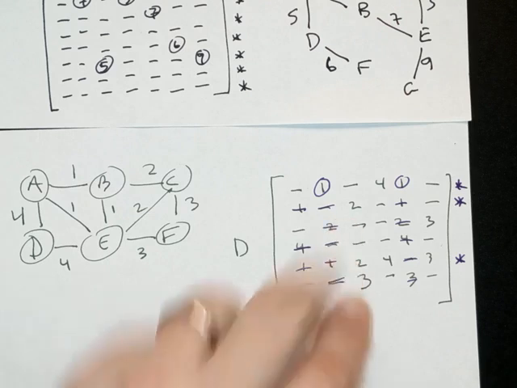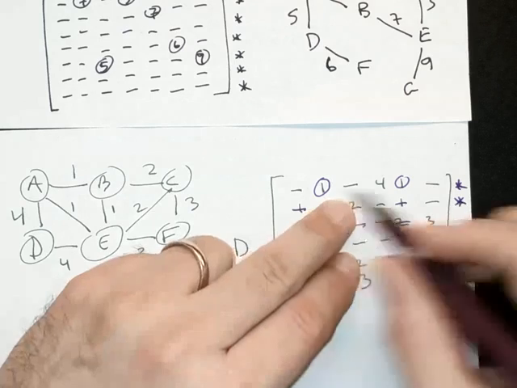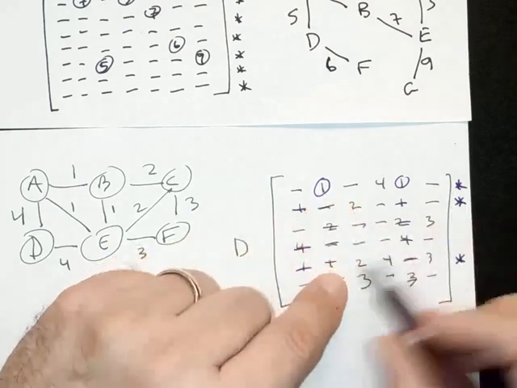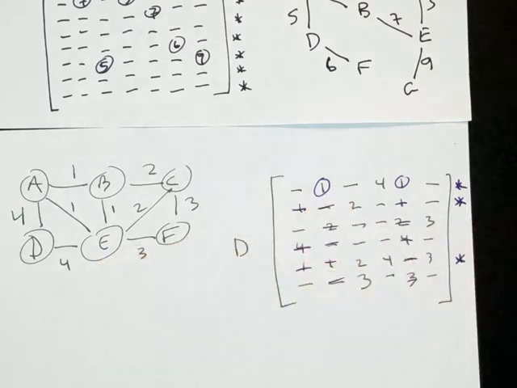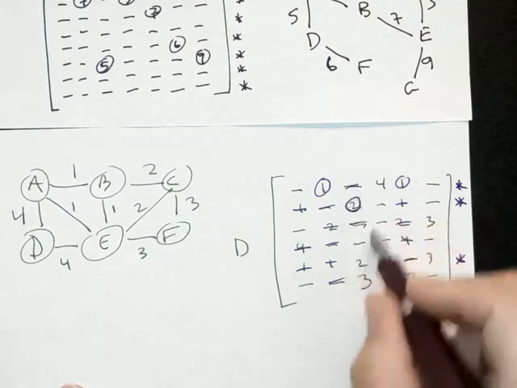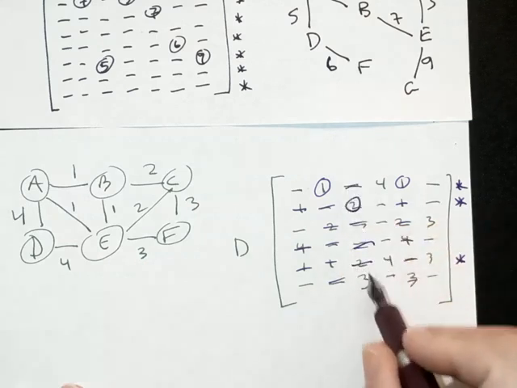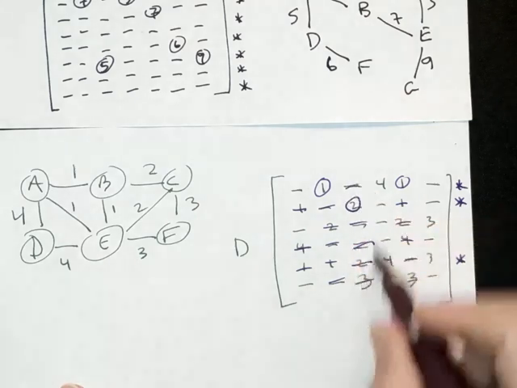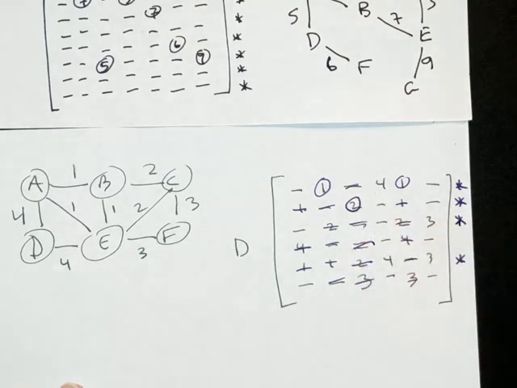A 2 here, a 2 here. Those are in starred rows. There are no 2's up there. There's nothing smaller anywhere else. Top or bottom? And now, row 3 gets a star.